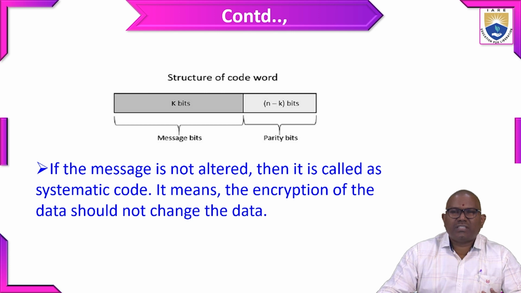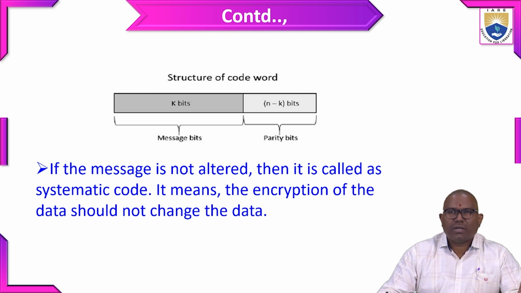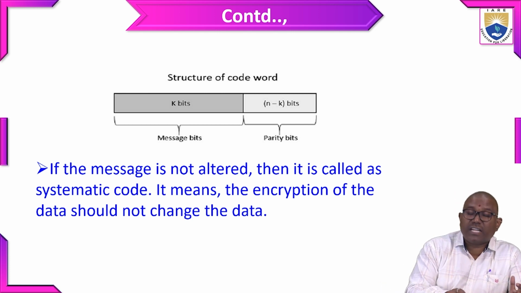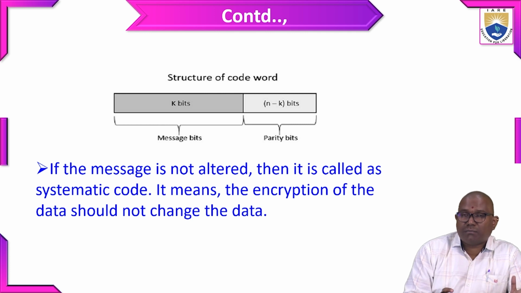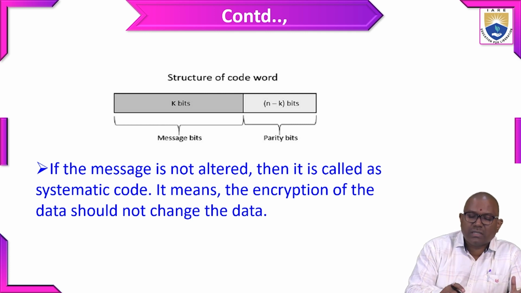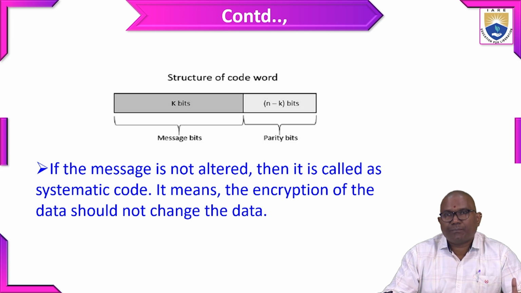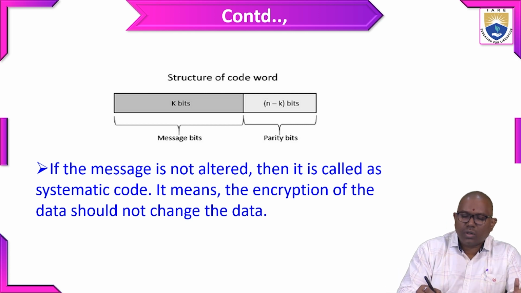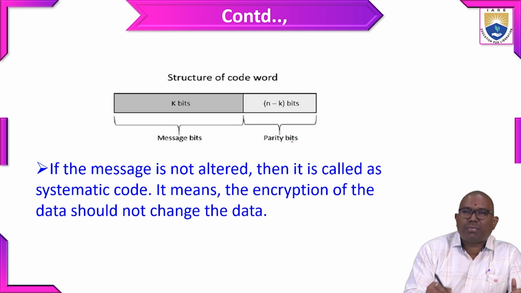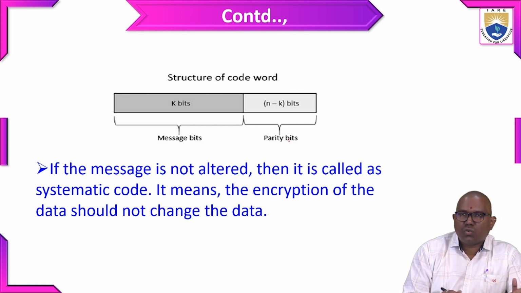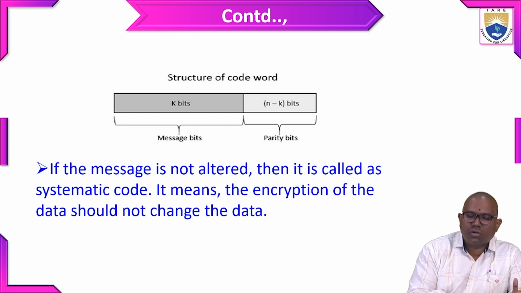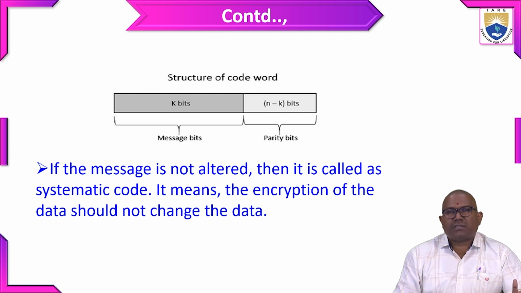Why? These k message bits are very important. My aim is to transfer these message bits to the receiver and to minimize the errors. So we add these parity bits, and after adding them there is no alteration in the message bits.